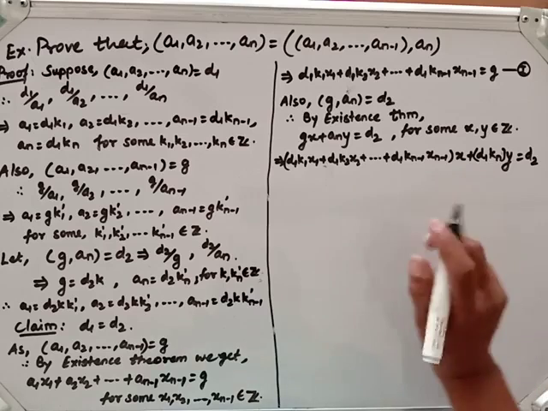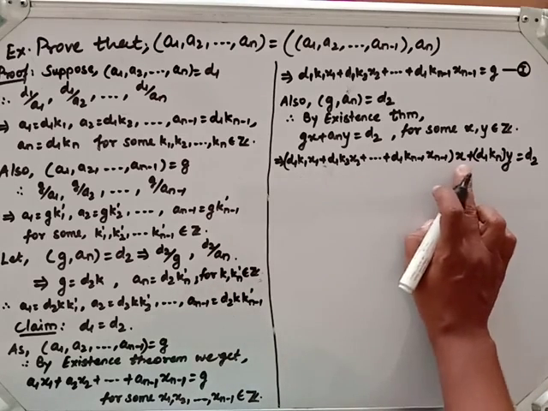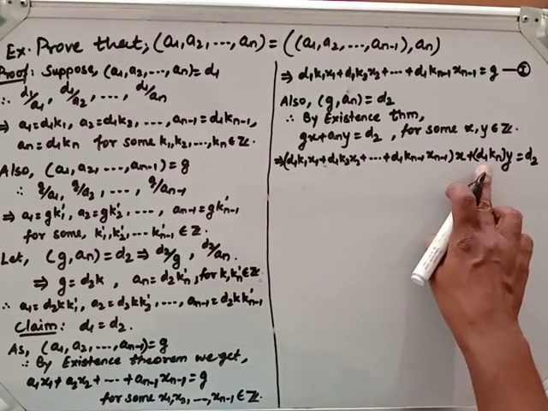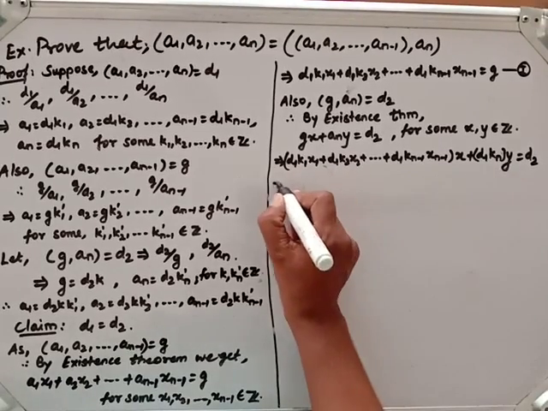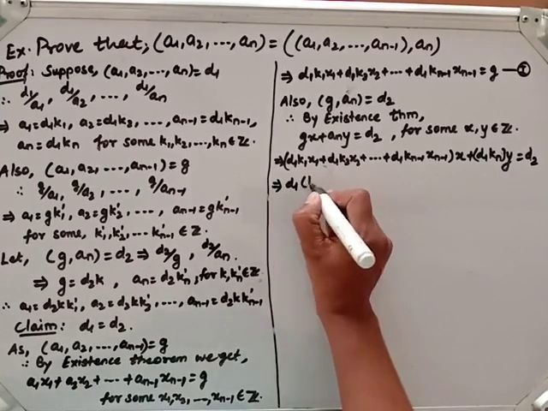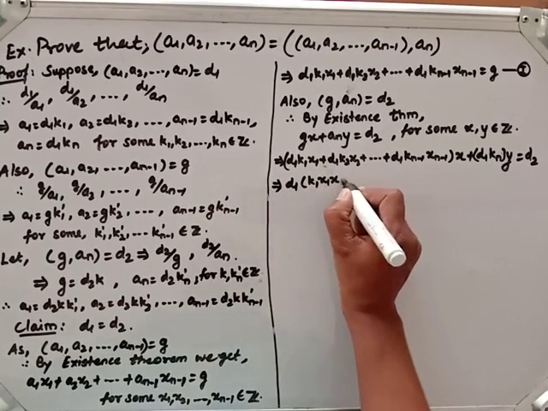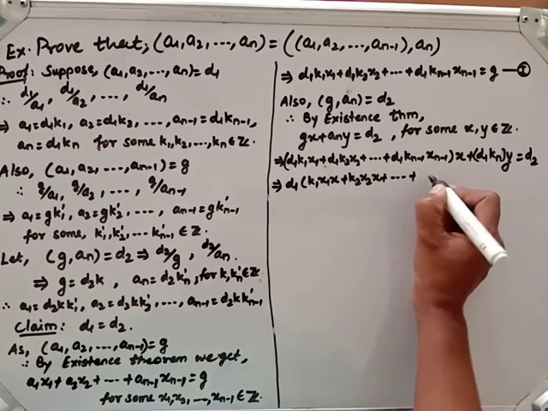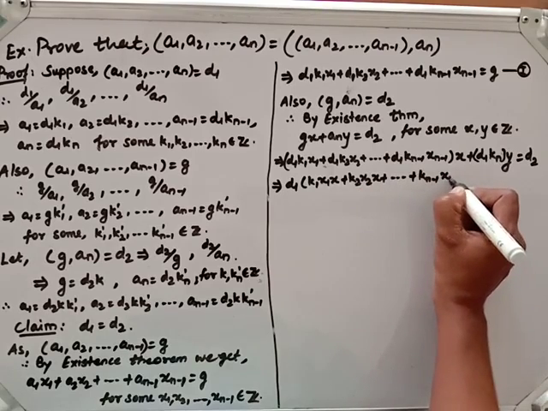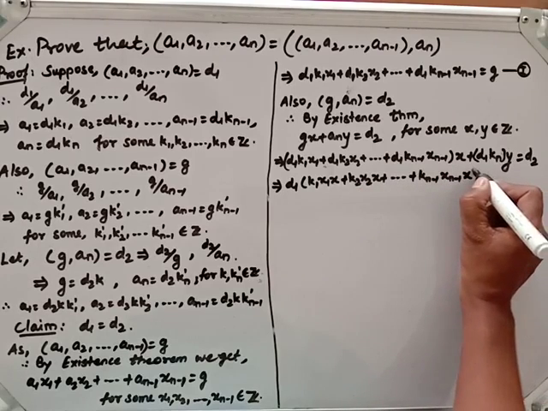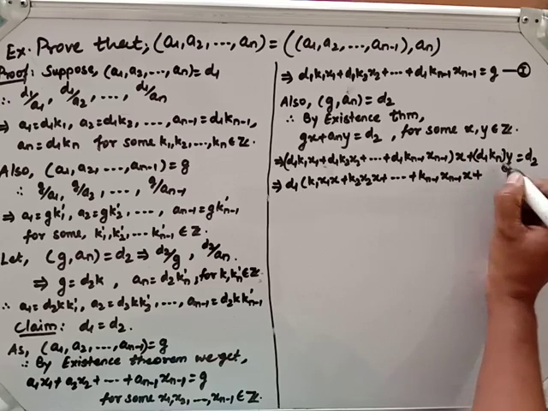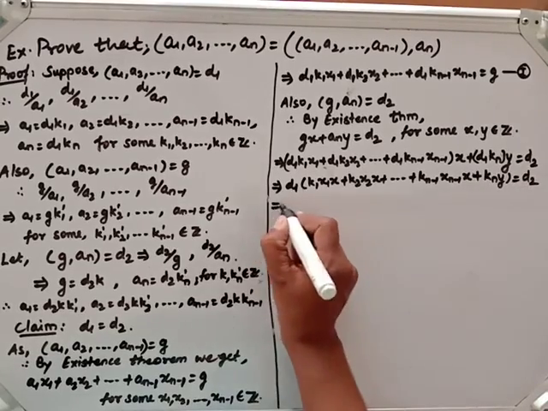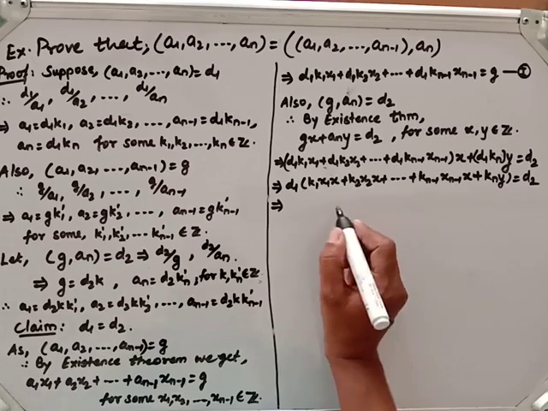Now d1 is in each term, so I can take d1 common from the left hand side. This gives d1 into k1 x1 x plus k2 x2 x plus so on up to kn-1 xn-1 x, plus kn y, that is equal to d2.